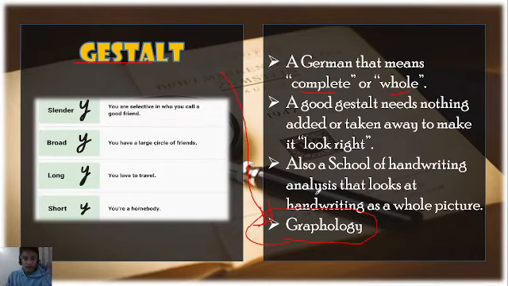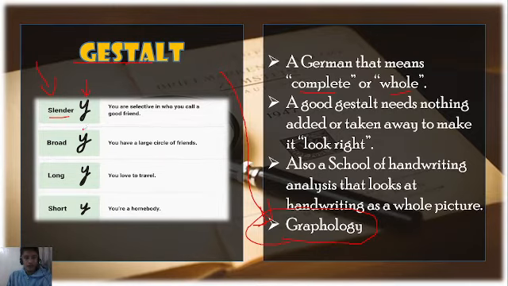Analysis of the handwriting as a whole picture, in order for us to conclude what character or personality the writer has. Here is an example in this illustration. Some people write the letter Y in a slender type.